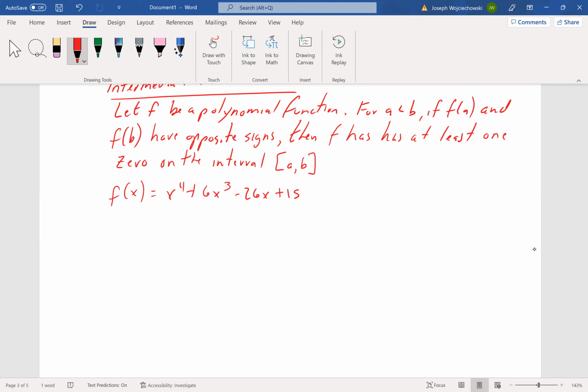And we want to show that this has a zero between -4 and -3, somewhere between them. So the easiest way to do this, simply start with -4, find f of -4.